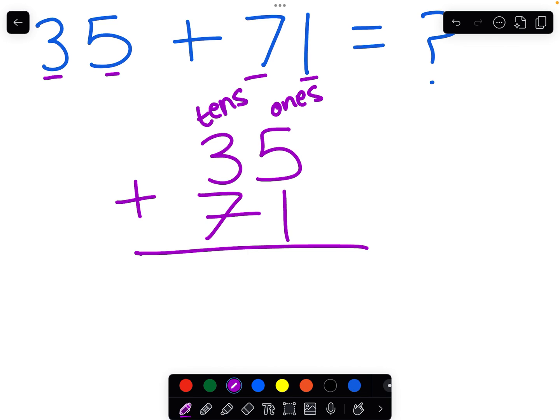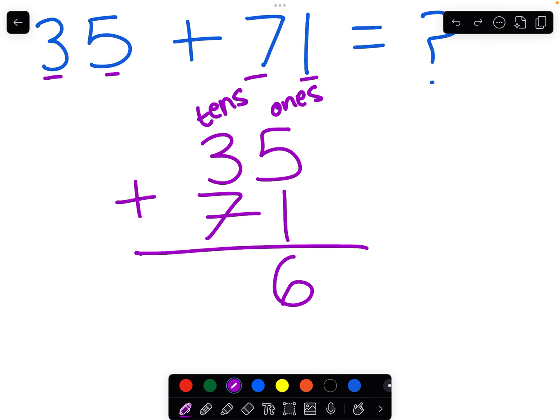This one does not require regrouping in the ones place. So first we're going to add 5 plus 1. What does that give us? That gives us a 6, and you can see we're staying in the column. Now we're going to add 3 plus 7. 3 plus 7 is 10.